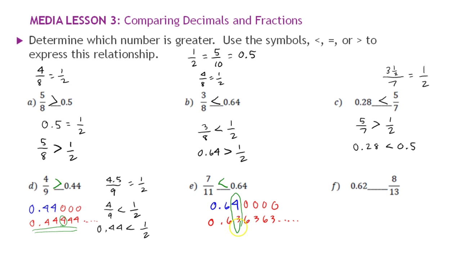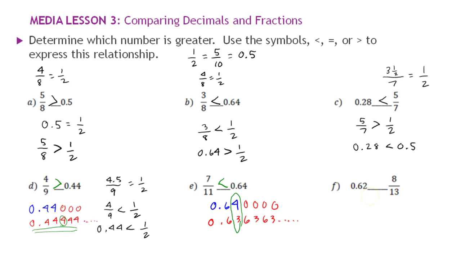Okay. Now notice if we had rounded this, that would have been a mistake. If we rounded this, it would equal 0.64, but that would be an approximation for 7/11. That's not what 7/11 equals. So don't round before you compare the decimals.